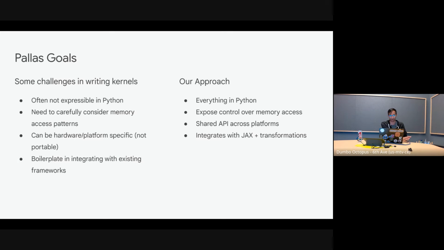So Pallas is trying to straddle this line where we're teaching the user new things about how accelerators work, but we're trying not to overwhelm them with information and essentially teaching them a brand new way to write code. We want to make it as similar to Jax as possible. So what we've landed on is essentially something that hooks into Jax in a fairly straightforward way.